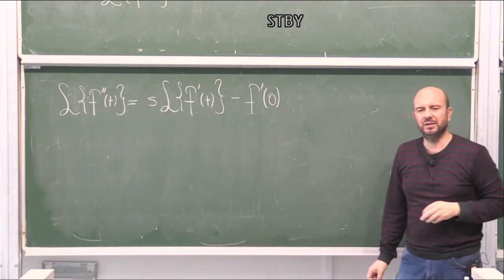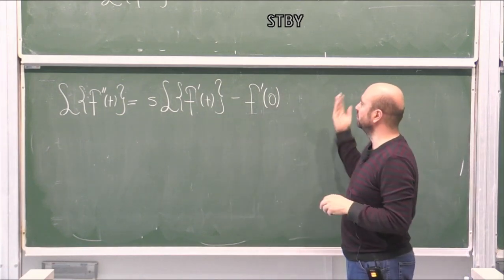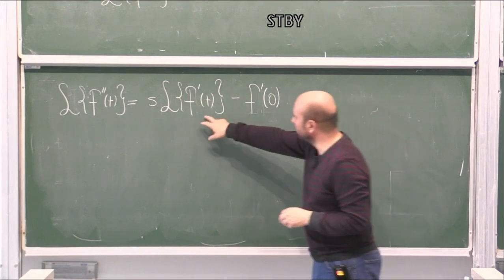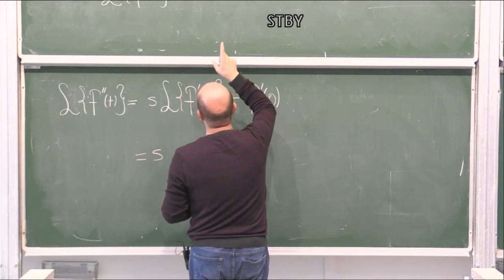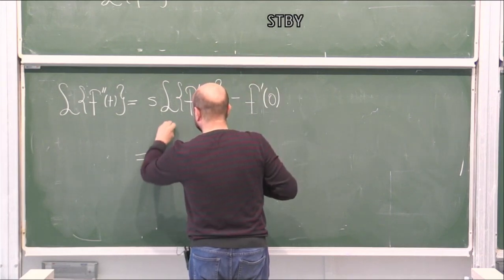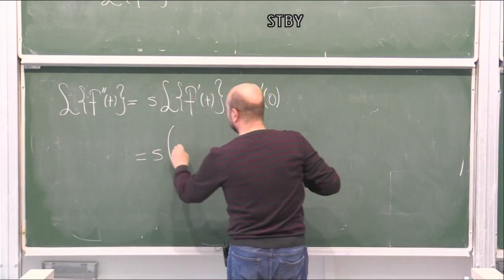That's how it's going to be related. So the second derivative is related to the first derivative. But now I know this, because under these conditions f will have a Laplace transform, so I can rewrite it by using the formula here.